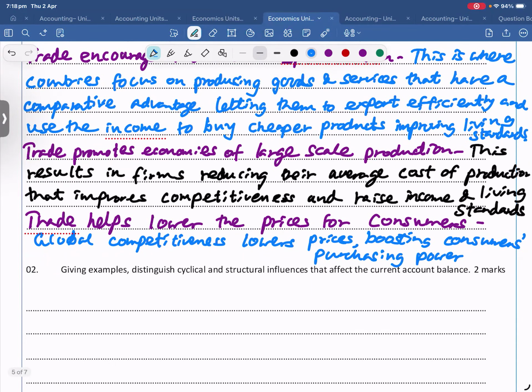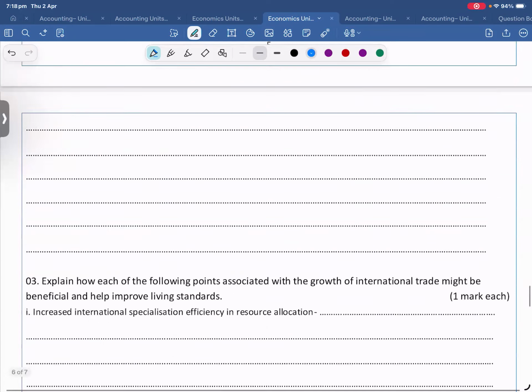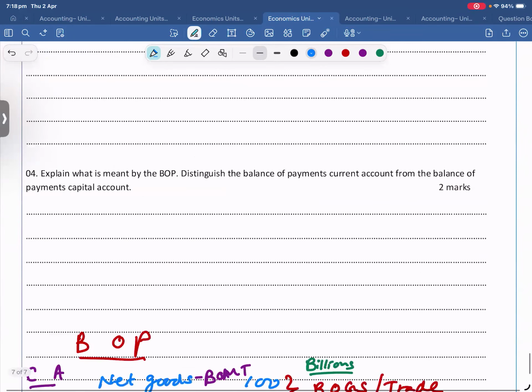All right, next one is, guys, giving examples, distinguish cyclical and structural influences that affect the current account balance. This is what we just did today, yes.